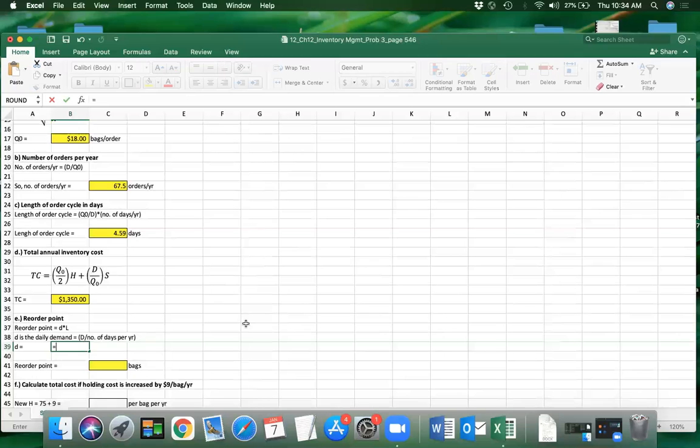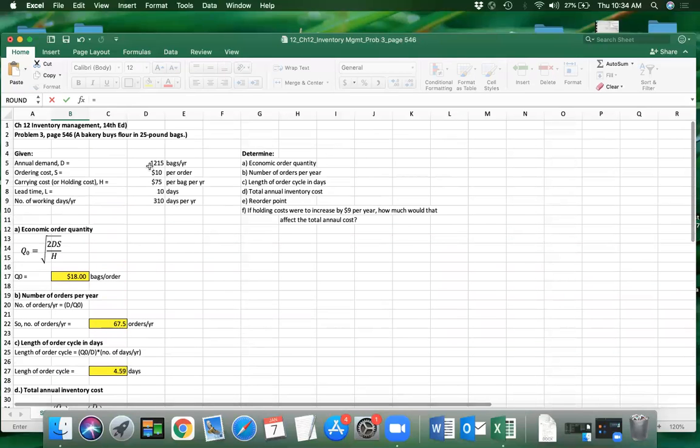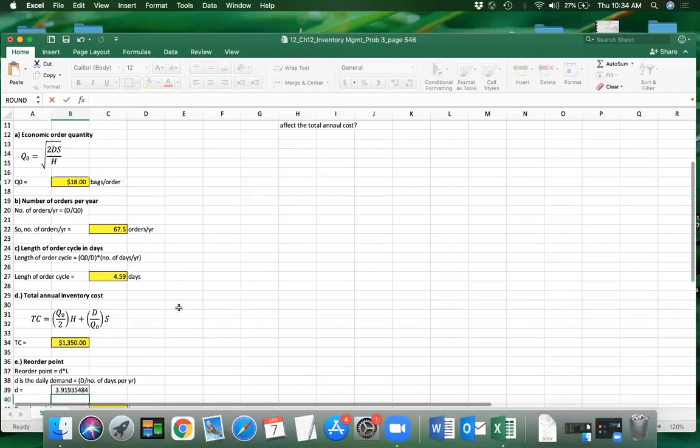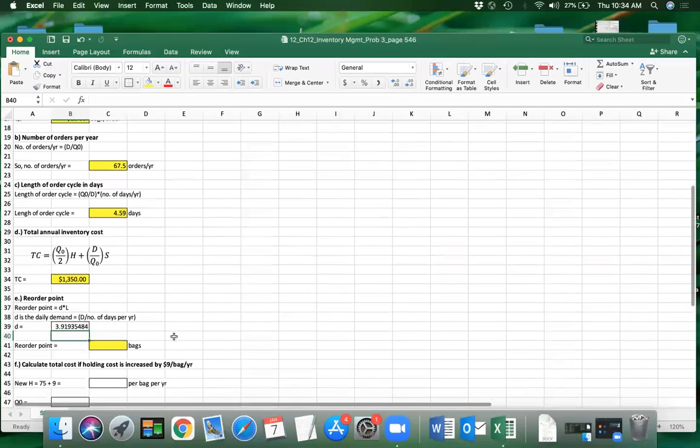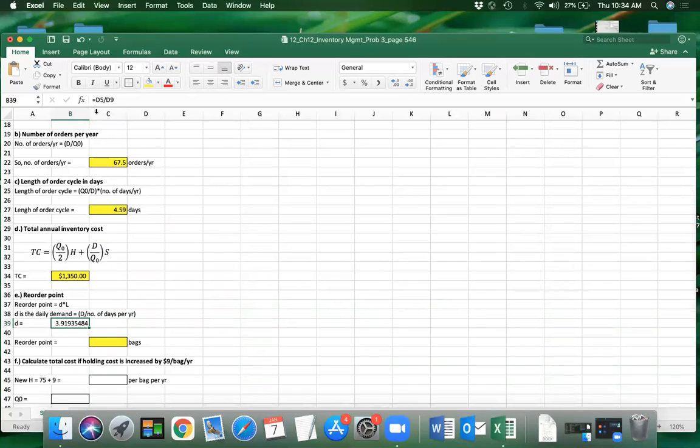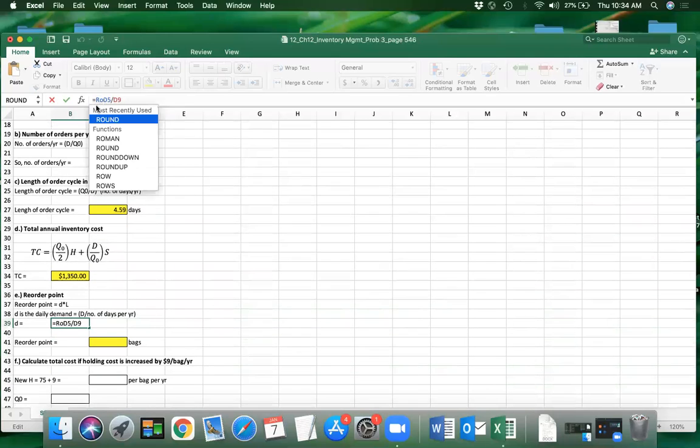So that should be equal to 1215 divided by 300 days per year. So my daily demand is going to be, let's say you use the round function, it's always good to round.